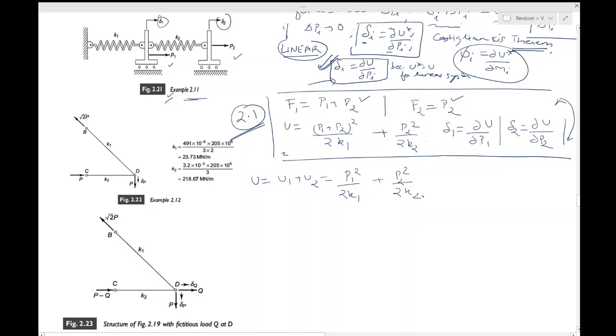So you have a P over here, a P over here, and a root 2 P over here. These values we have already found out.